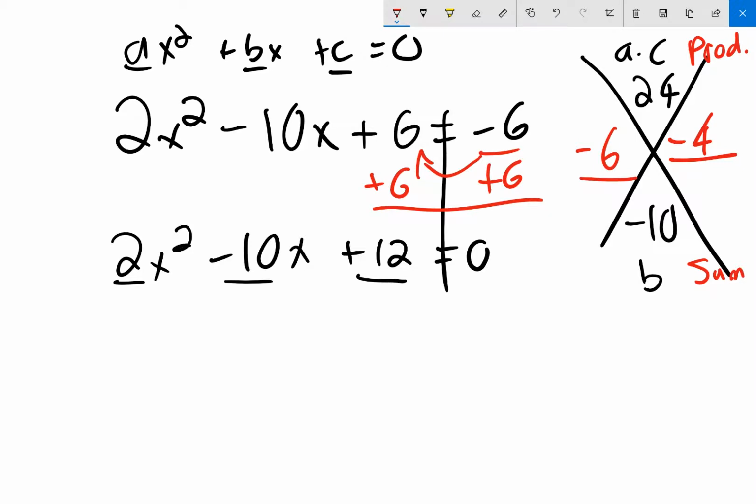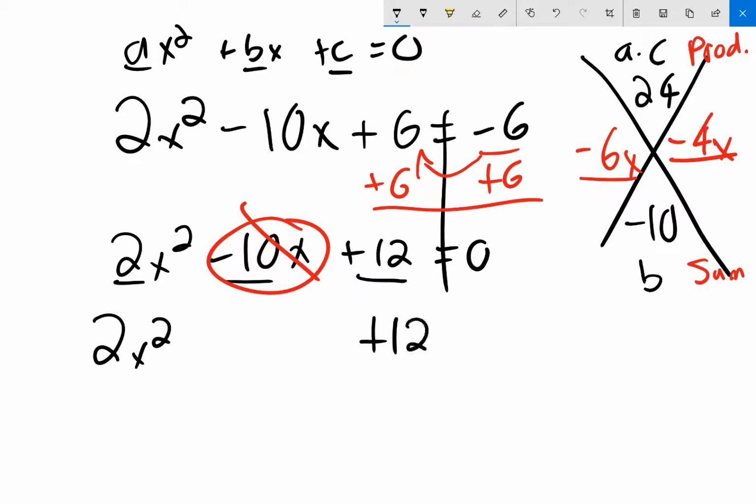So again, just like the last time, these 2 numbers are crucial. We're going to use them as x terms to replace the original x term. So if I write out my quadratic with those 2 terms instead of negative 10x, I'll have 2x squared, and I'll still have plus 12 down here as well. But instead of writing minus 10x in the middle, I'm going to write minus 6x and minus 4x.